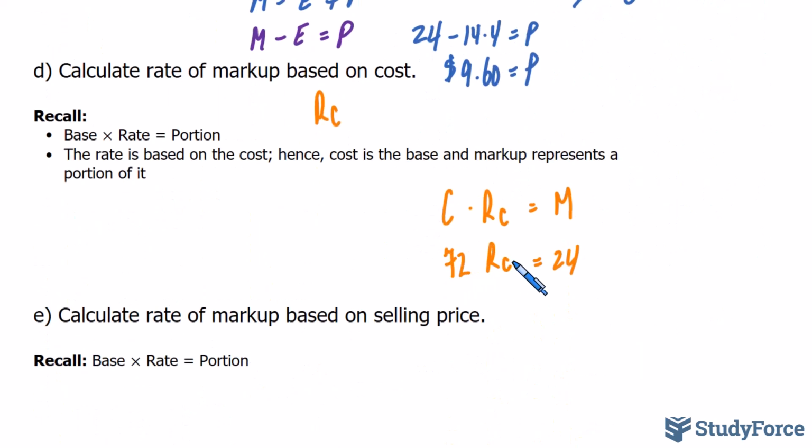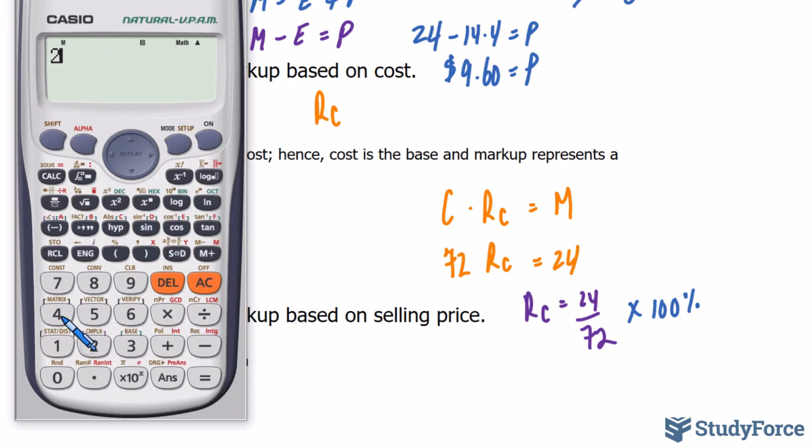And we're looking for R sub C. So we can rearrange this by dividing both sides by 72. That leads us to 24 over 72. And since we are looking for a rate, we should multiply the output by a factor of 100, or in other words, 100%. So we'll take 24 divided by 72. We'll multiply that by 100.